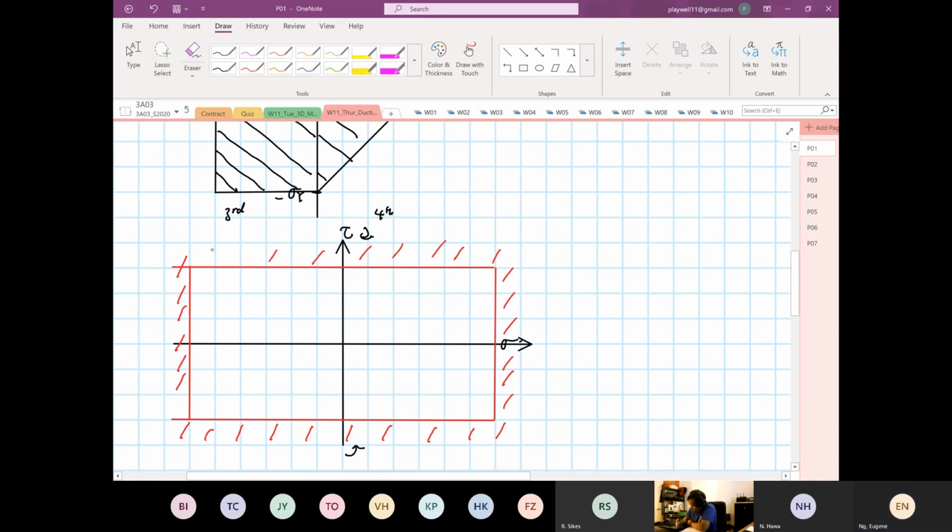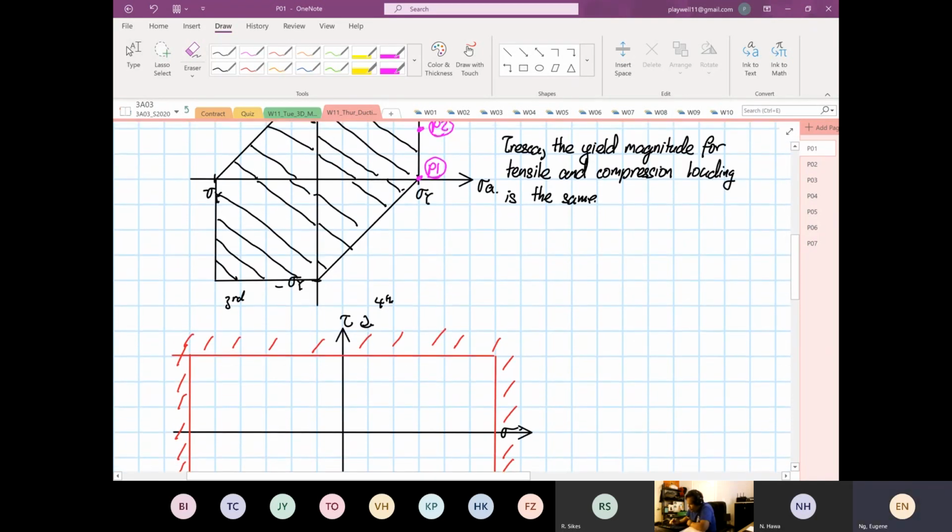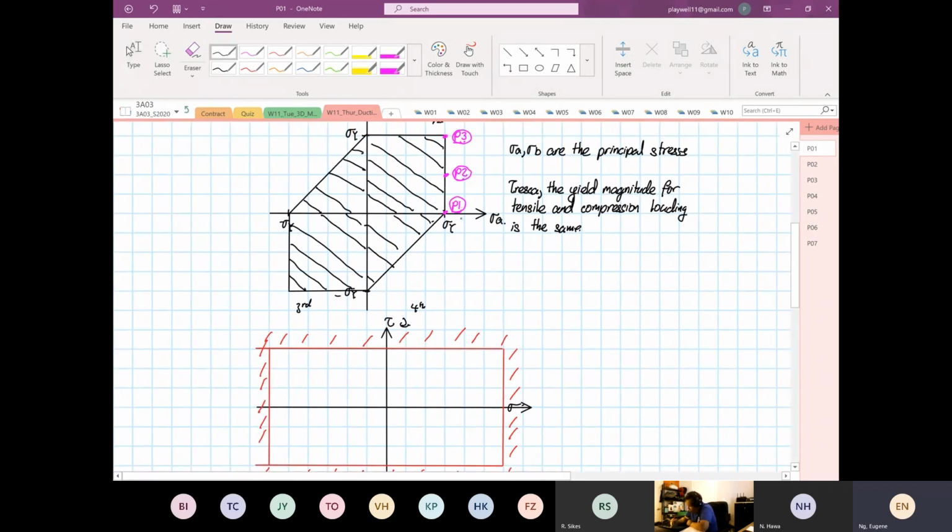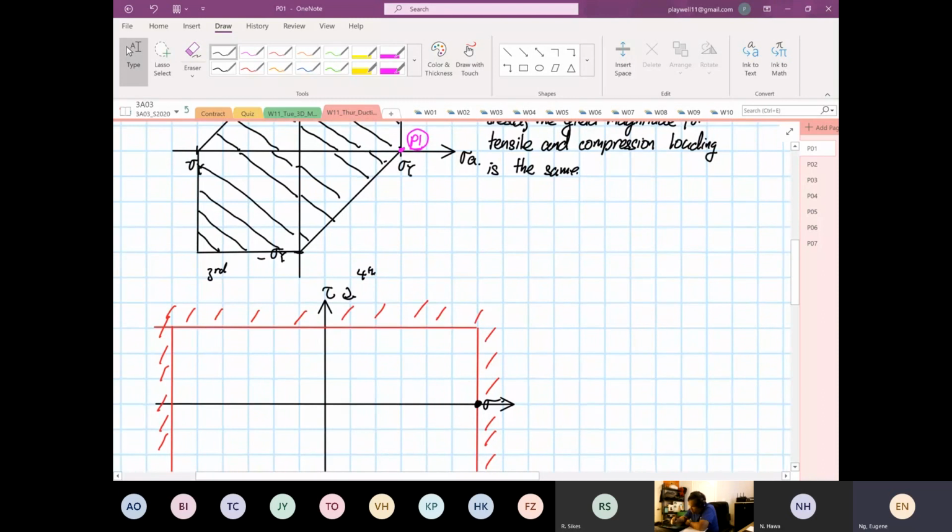If we look at point 1 that I've done on the criteria, P1 states that stress A is equal to the yield. This is my stress A at P1.